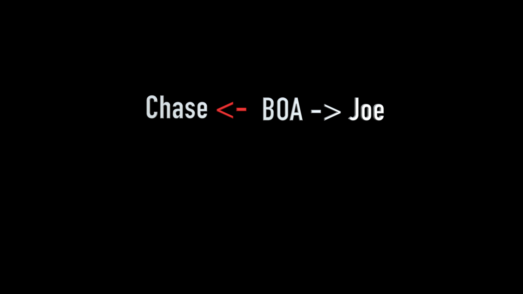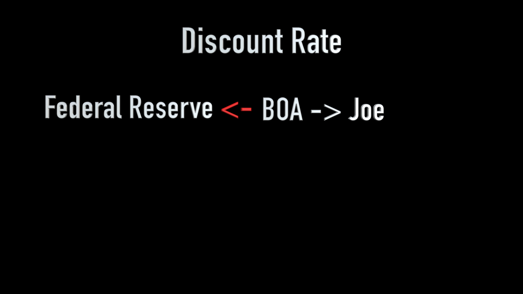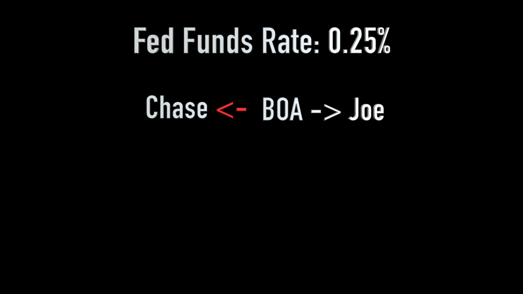Why is it collapsing? Probably because they gave out bad loans, but we're not going to get all political here. Anyways, the discount rate is what the Federal Reserve charges for those extra reserves, basically to print money and increase the money supply. The current Federal Reserve funds rate is at about 0.25, so it's basically zero.